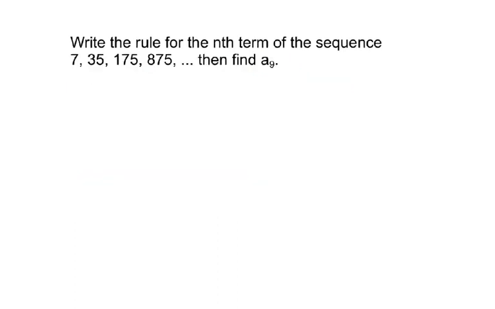Write the rule for the nth term of the sequence that we have here, which goes 7, 35, 175, 875, and find a sub 9. So we can get r just by doing 35 over 7, which is 5, and that makes sense. Our sequence is growing, and it's all positive.